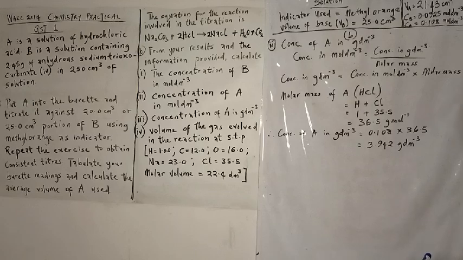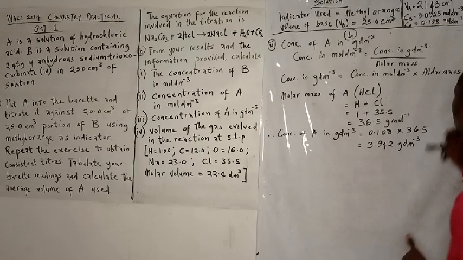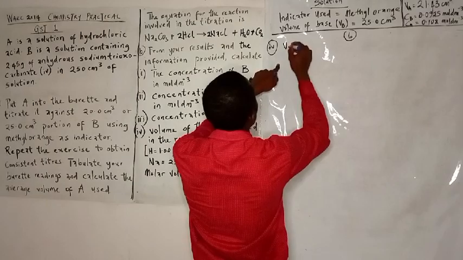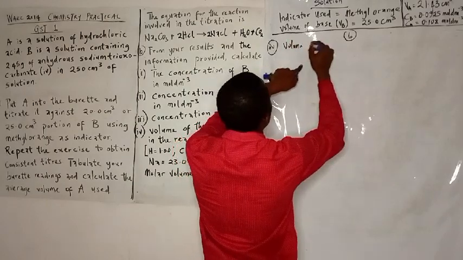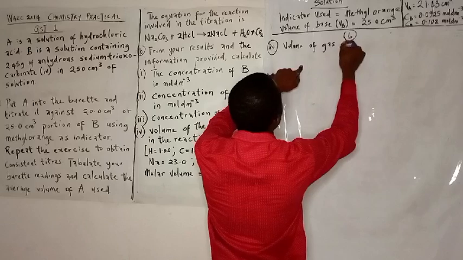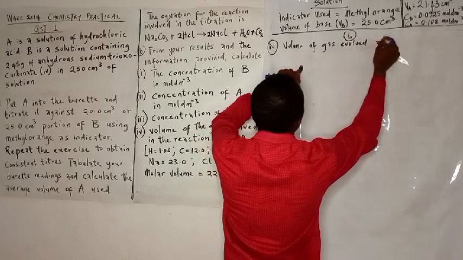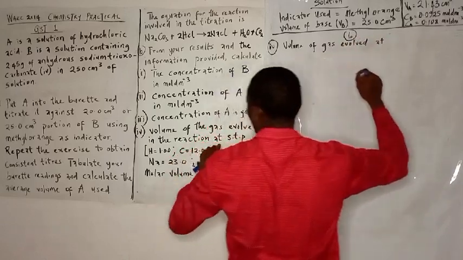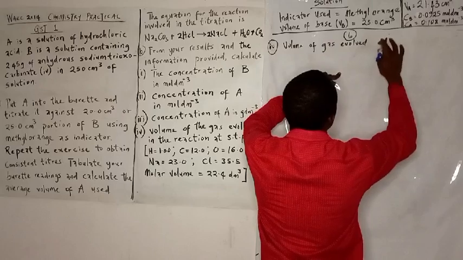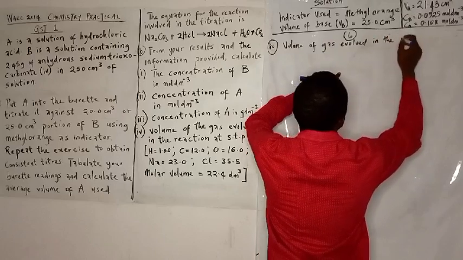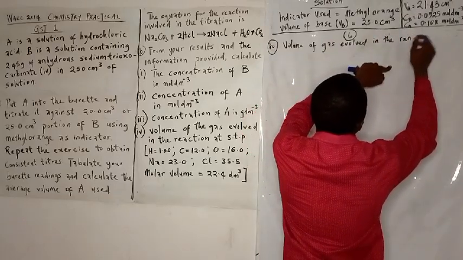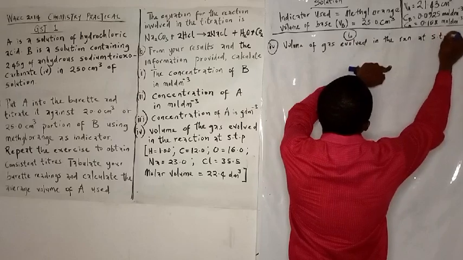The next thing we are going to look at is the volume of the gas involved in the reaction at STP. The volume of gas involved in the reaction, at STP.